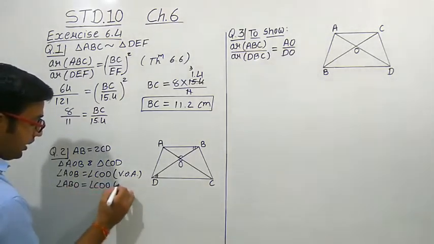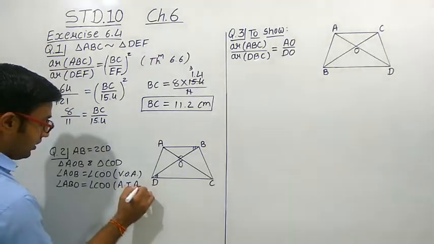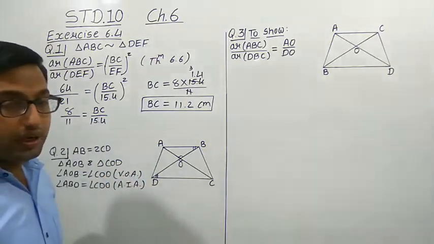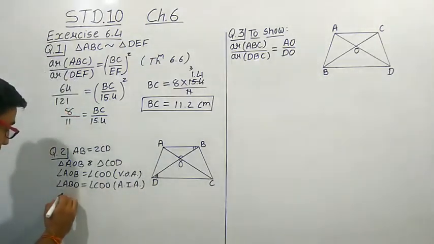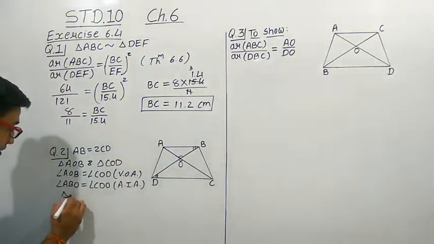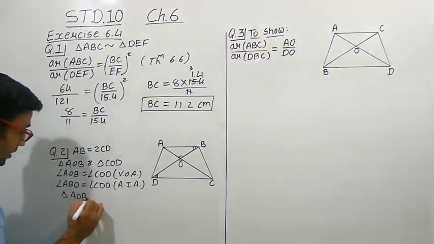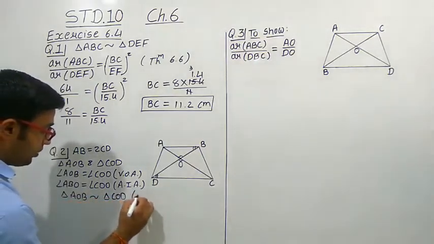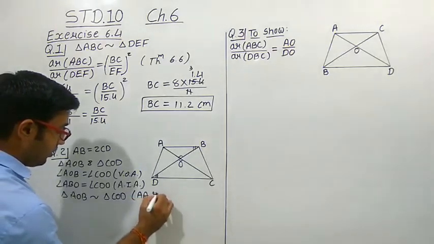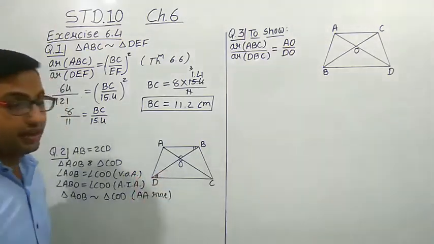This we can write according to alternate interior angles. Now only two conditions are required to prove the two triangles similar. So here we can write that triangle AOB is similar to triangle COD according to the angle criteria.